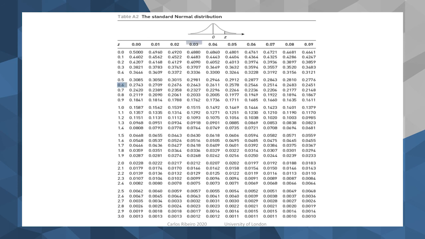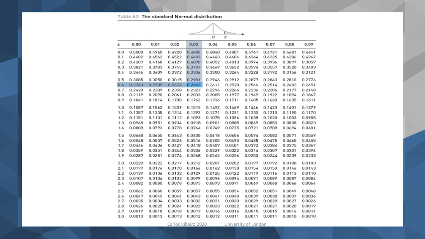And so you walk across and you walk down and you see the number there is 0.2643 in the intersection. 0.2643 is the percentage or proportion of the distribution that is in the shaded area at the top.